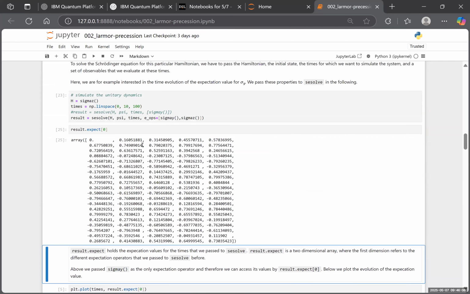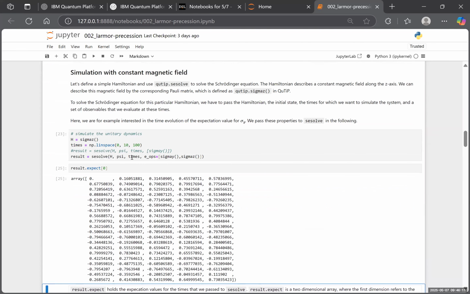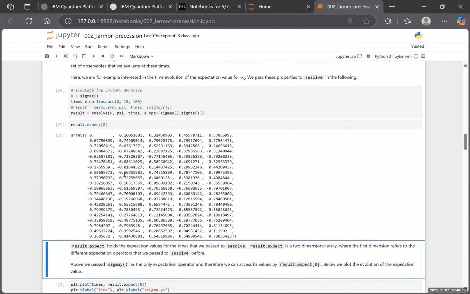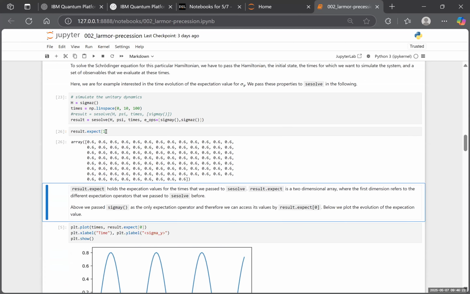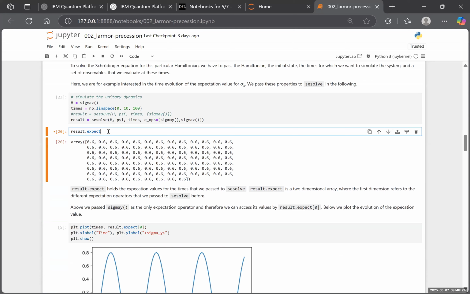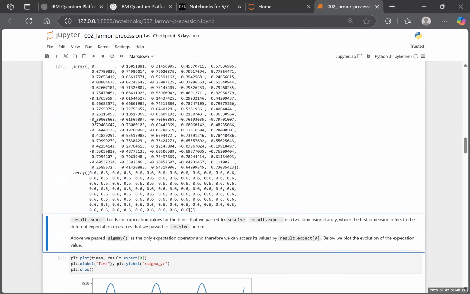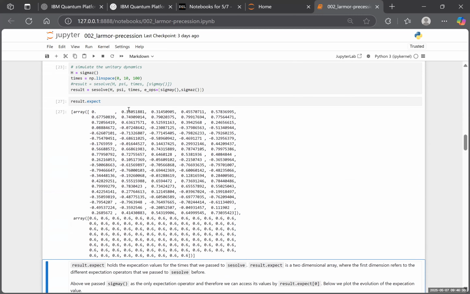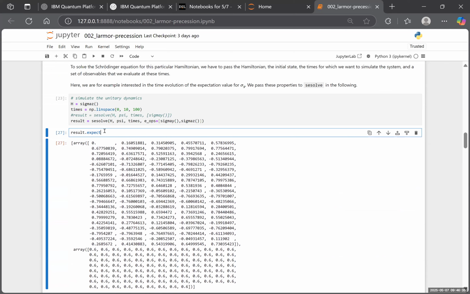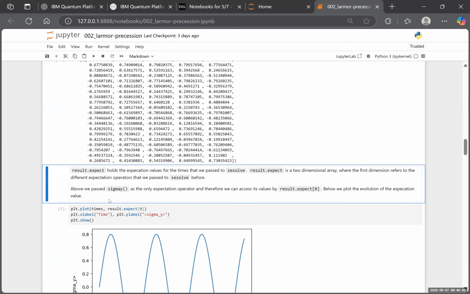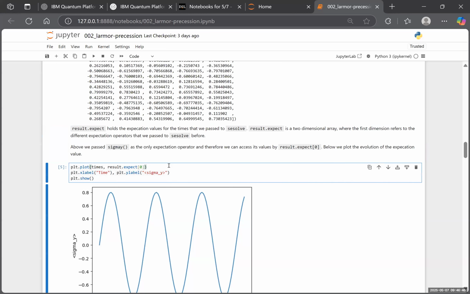So you give the array. The first array is sigma y, and the second array is sigma z. Sigma z doesn't change because basically it commutes with the Hamiltonian. Okay. You can plot this.